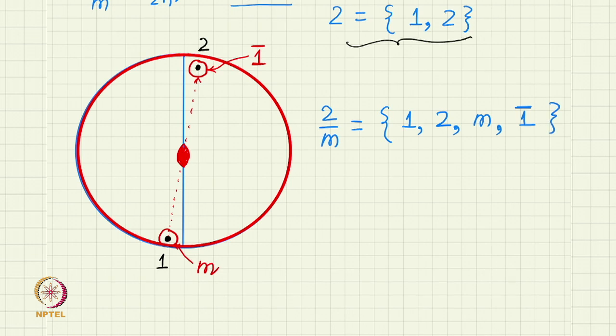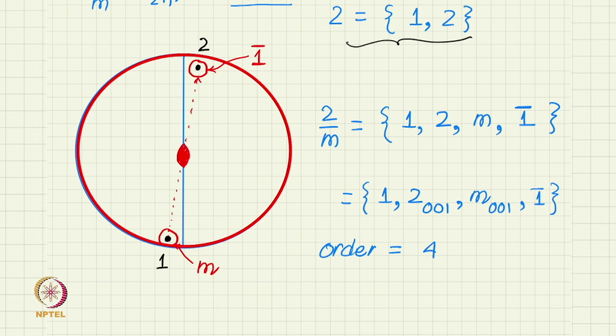Since there is only one mirror plane which is perpendicular to the twofold, there is no need to give subscripts to define their orientation, but still if we wish to do that, we can write this as 2 001, that is a twofold along the z axis, and m 001, that is a mirror plane perpendicular to the z axis. A group of order 4 with 2 type 1 operations and 2 type 2 operations.